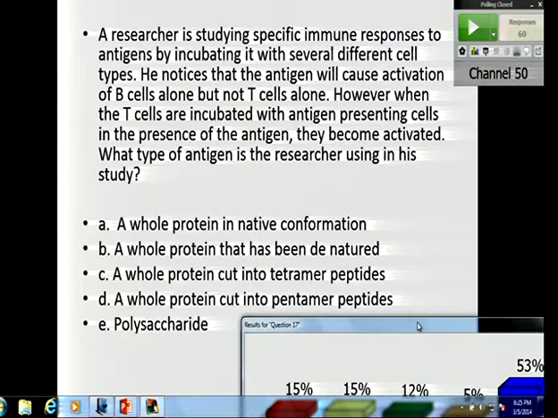Just for you to know that the B lymphocyte can respond to whole proteins or it can respond to polysaccharides. It can also respond to processed proteins. But the T lymphocyte will only respond to peptides that are presented by an antigen presenting cell.